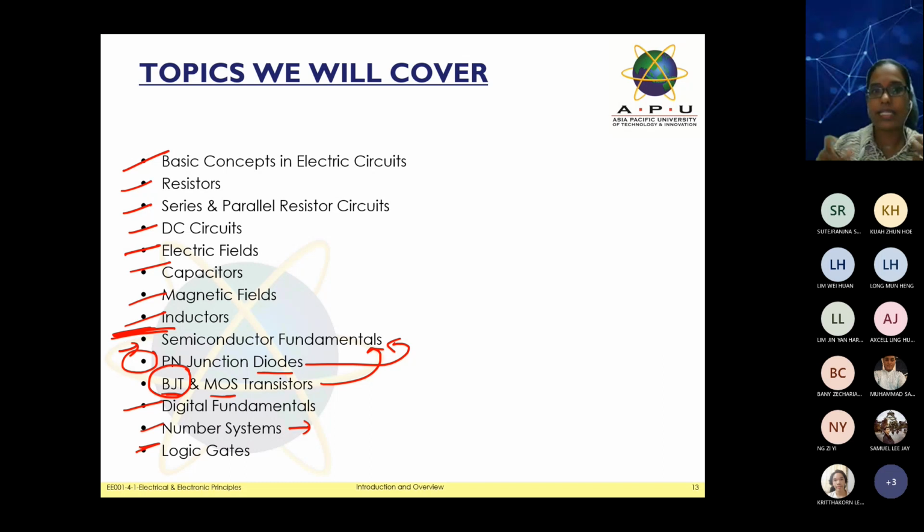That's the part we call the numbering system, so you need to take note. This is also placed under digital fundamental, like a subtopic of digital fundamental. And the next one will be logic gates, also placed under digital fundamental. So everything is covered in the digital fundamental.